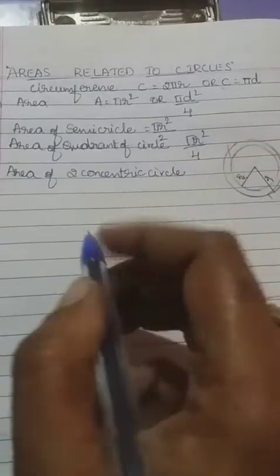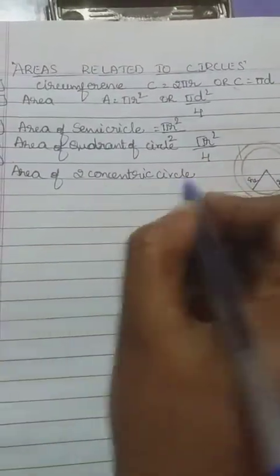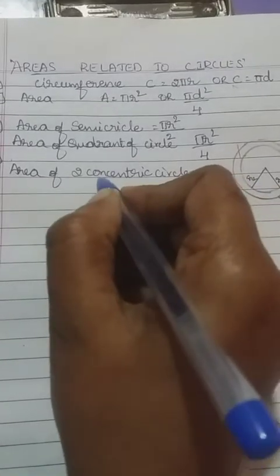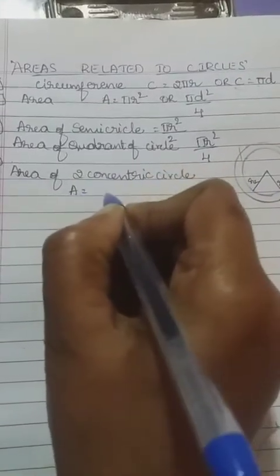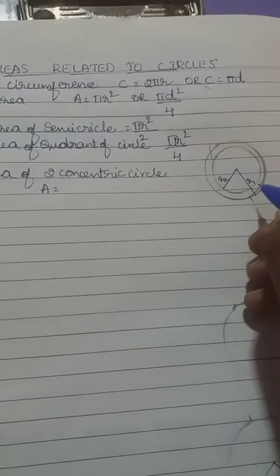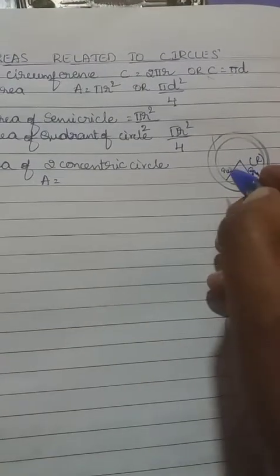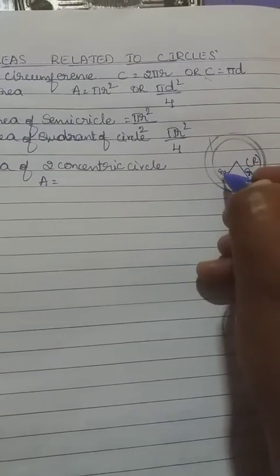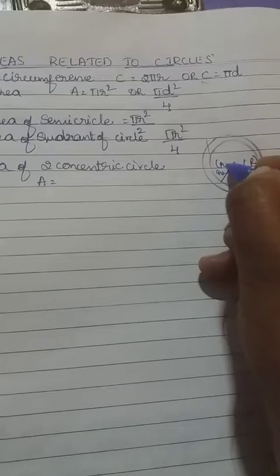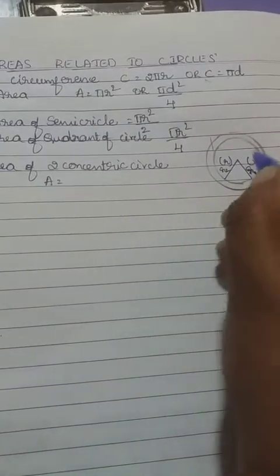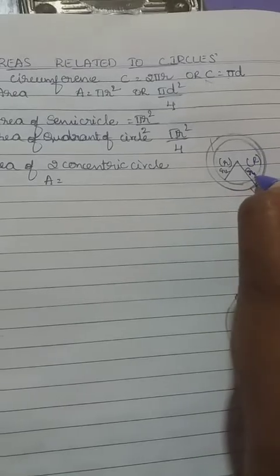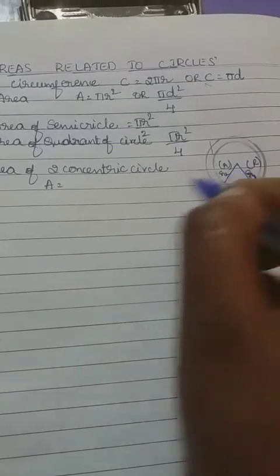So area of two concentric circles is A equal to, note down, it is very important. Let us take the circle: one radius will be r1 here, or we can take capital R, and the small circle radius is r2, or we can take a small r. Here I am taking the big circle radius as r1 and the small circle radius as r2.